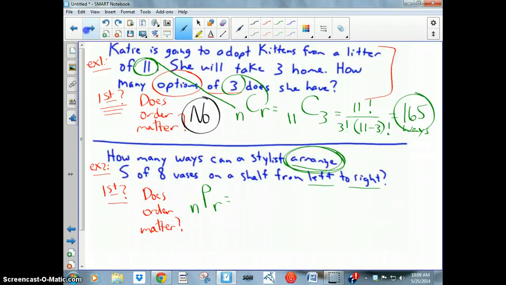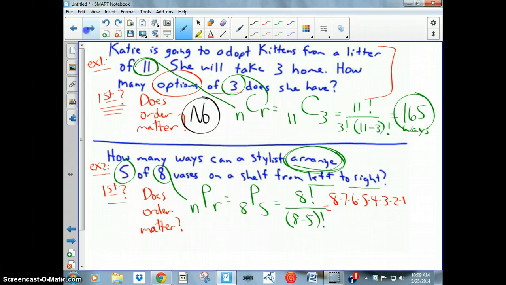nPr. Well, n is the grand total, which is 8. So this would be 8 choosing 5 items. Well, what does that mean? Mathematically, that is 8 factorial divided by 8 minus 5 factorial. Now, I'm going to show you what that means briefly, just for the sake of knowledge. 8 times 7 times 6 times 5 times 4 times 3 times 2 times 1 is on top. And 8 minus 5 factorial is 3 factorial, which is 3 times 2 times 1.